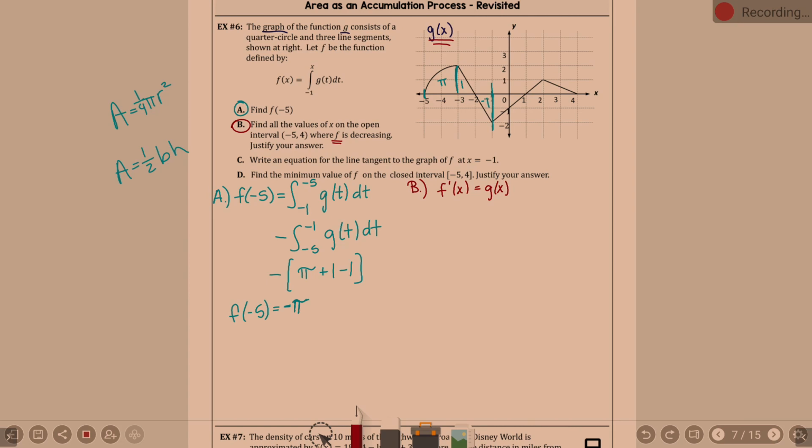I have mine written as f prime of x is less than 0 on -2 less than x less than 1, so f of x is decreasing on -2 less than x less than 1.